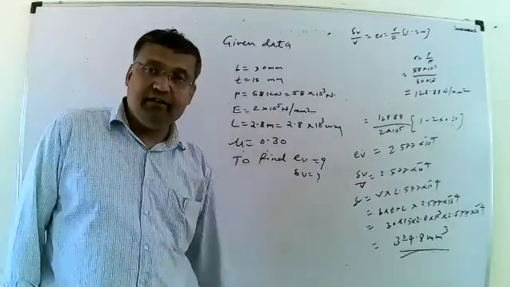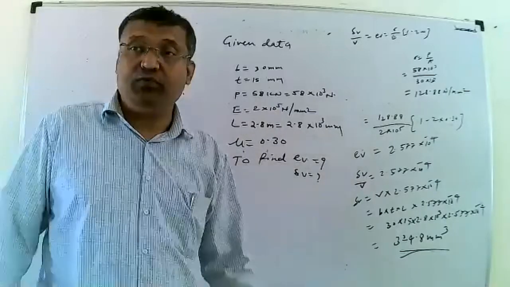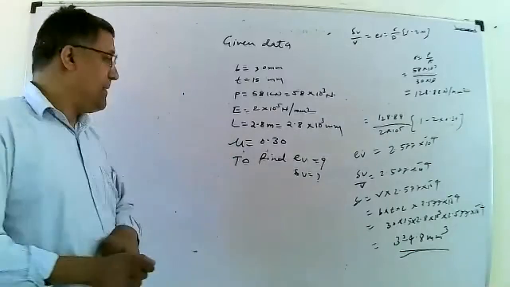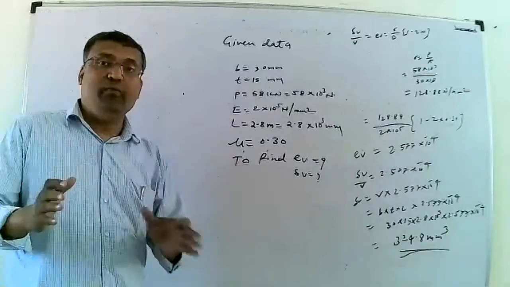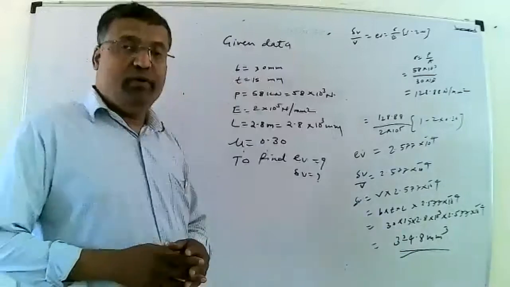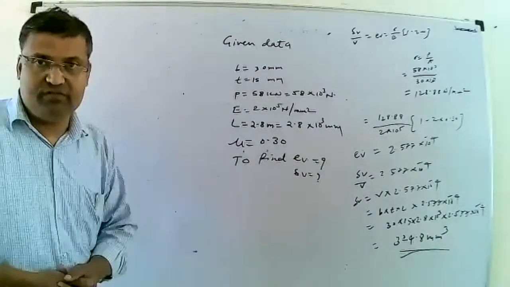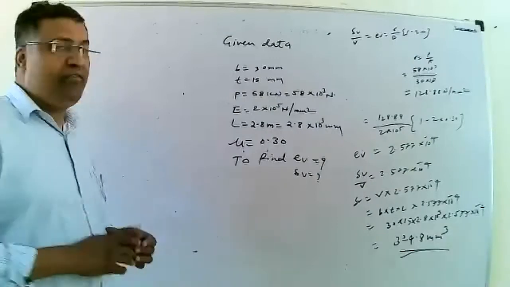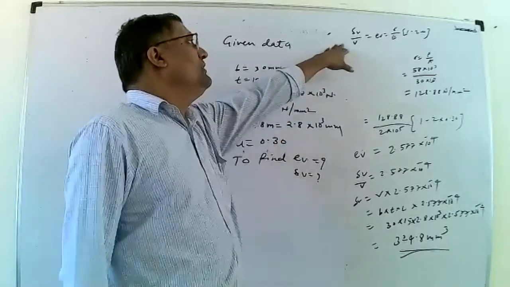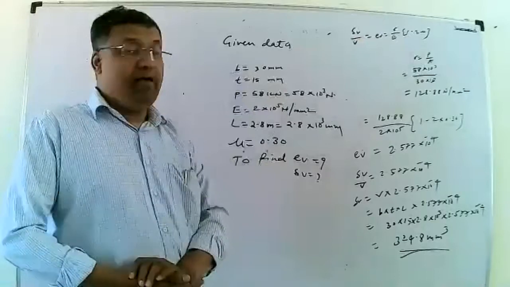Then length is provided, 2.8 meter, that is equal to 2.8 into 10 raised to 3 mm. Mu is given 0.30. Then to find volumetric strain and change in volume, the very basic formula we use for the volumetric strain is EV, that is equal to delta V upon V, that is equal to sigma upon E in bracket 1 minus 2 mu.